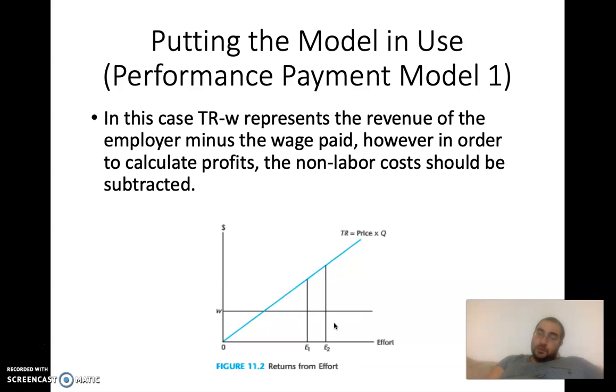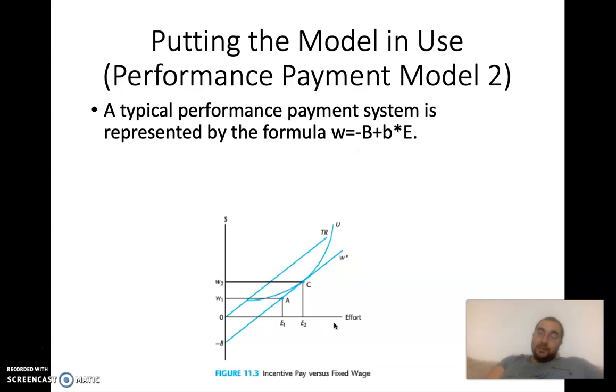So this is the first model, which actually just makes the workers work just above a certain performance level. The second one actually encourages workers with different utility levels to set their own performance level.